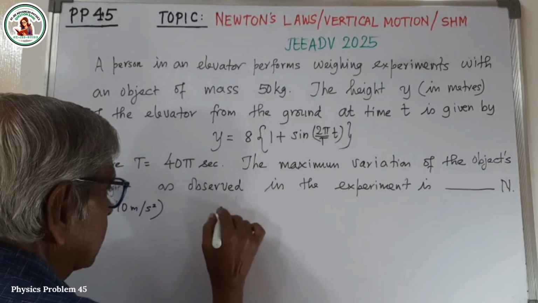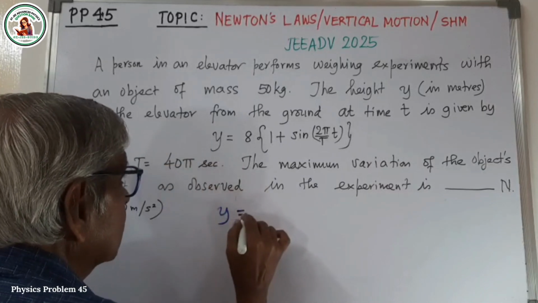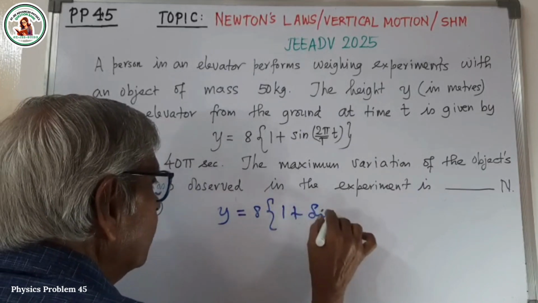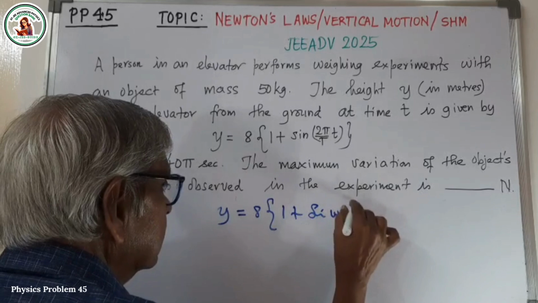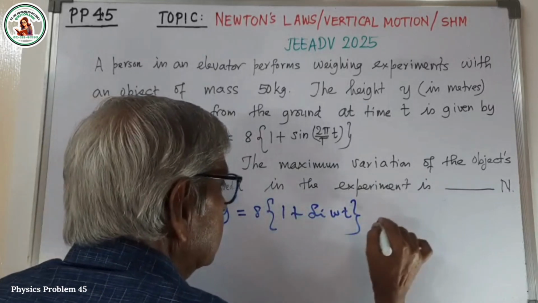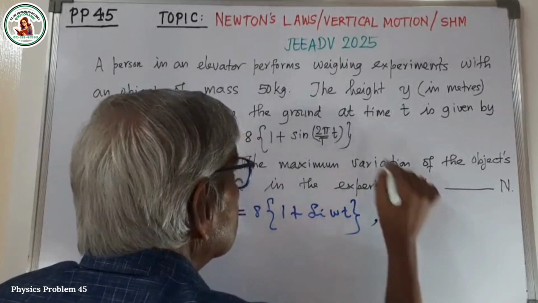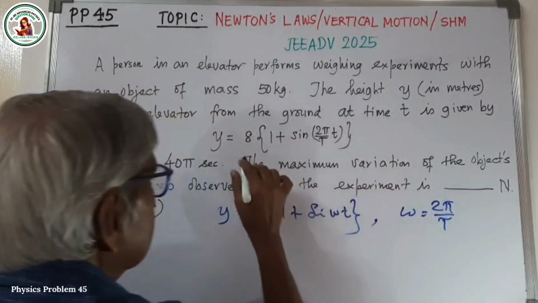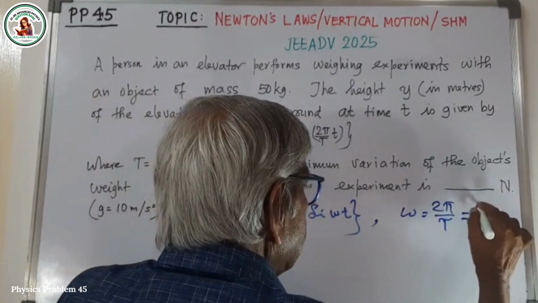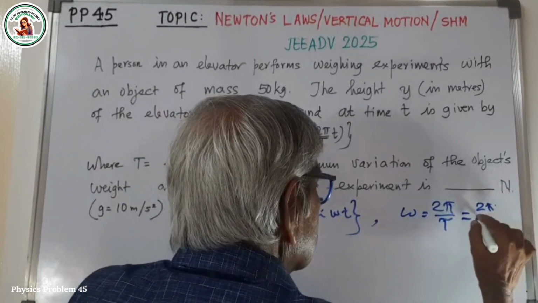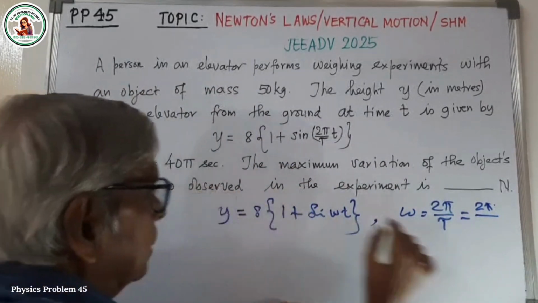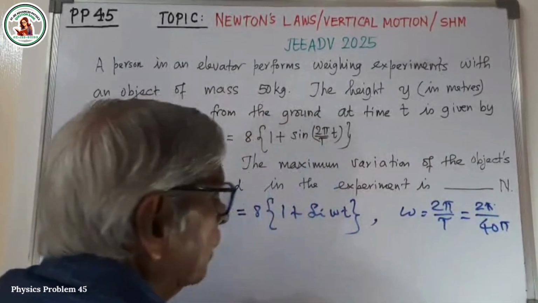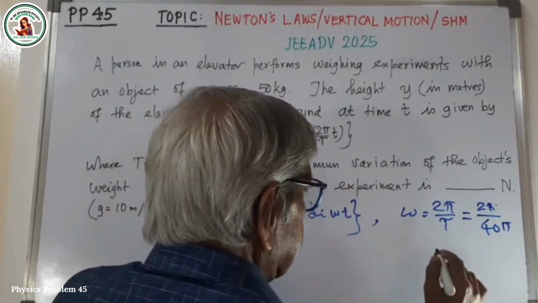So we start like this. y is equal to 8 times (1 plus sine omega t). Let us take it like that, where omega equals 2 pi by T, where T is given in the question as 2 pi by 50, so that is 1 by 20 seconds.